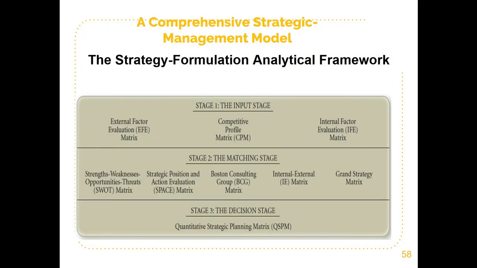So in your strategy formulation analytical framework, stage 1 of the formulation framework would consist of your EFE matrix, IFE, and competitive profile matrix. Okay, this is also called the input stage. So stage 1 basically summarizes the basic input information needed to formulate strategies.